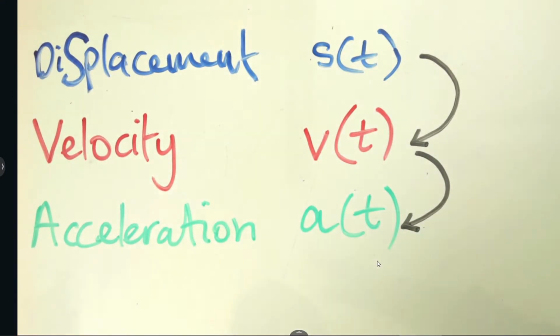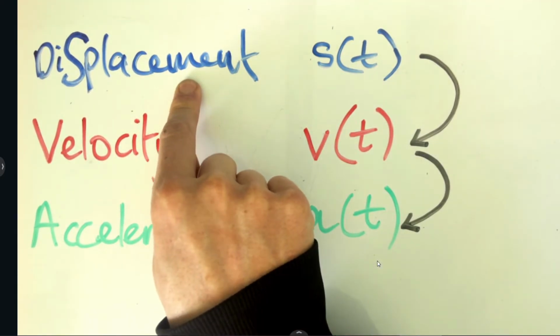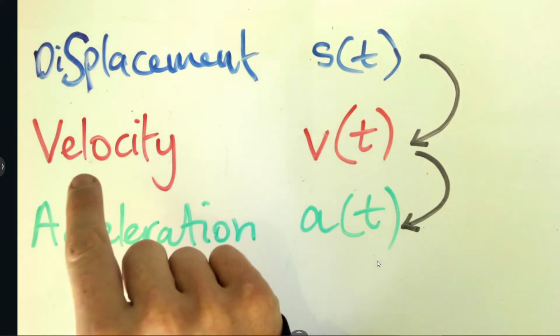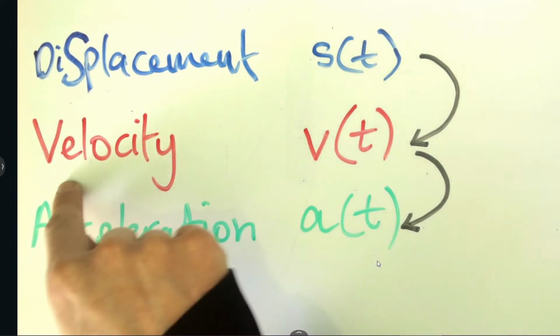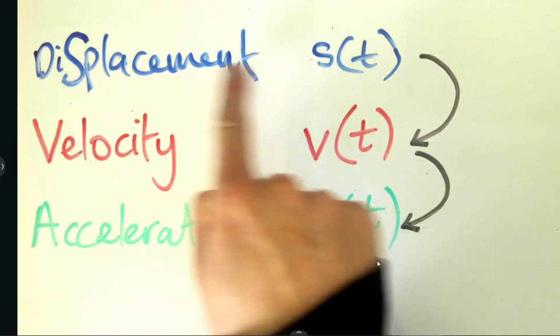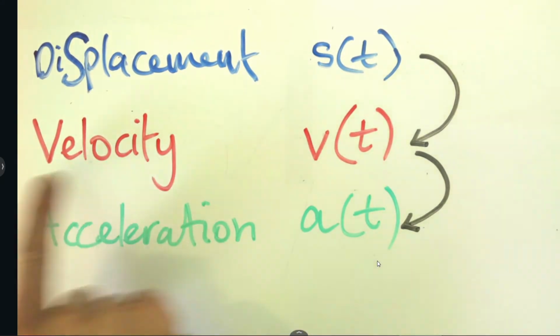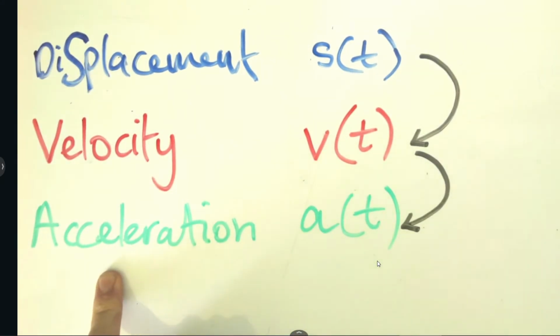What is differentiation? Differentiation measures change. The change in your displacement is velocity, and the change in your velocity is acceleration.